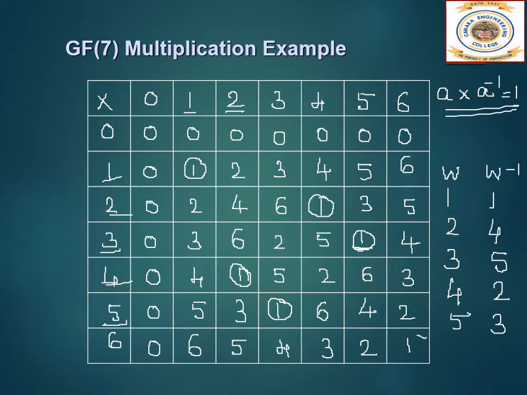For 6, I get the entry 1 for 6. So the inverse of 6 is 6. So this is how I find the inverse. But this is a simple case where we can use this table, and this is not possible for larger numbers. For that we'll have to go for the extended Euclidean algorithm method.